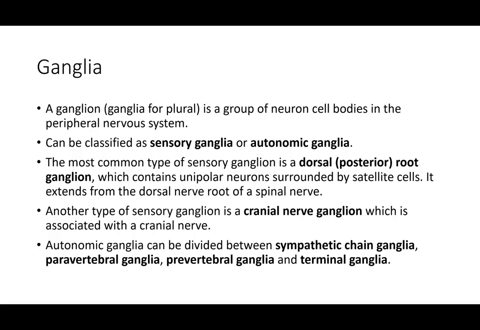All right. It is going to, again, have that sensory information coming into it. That's why these are sensory ganglia. So we have a bunch of these posterior root or dorsal root ganglia all throughout our spinal column.